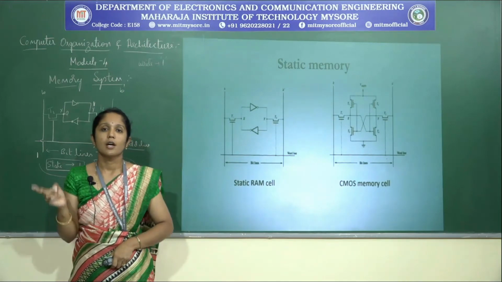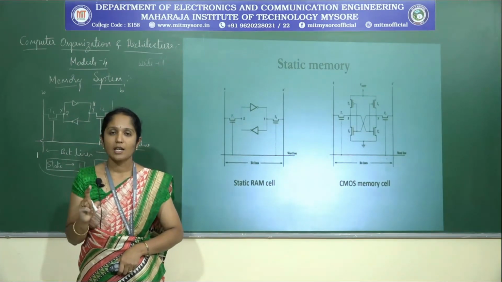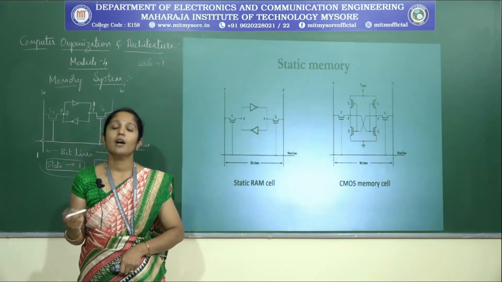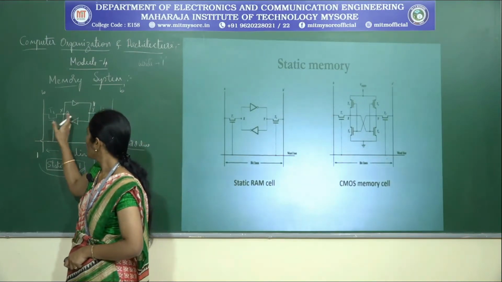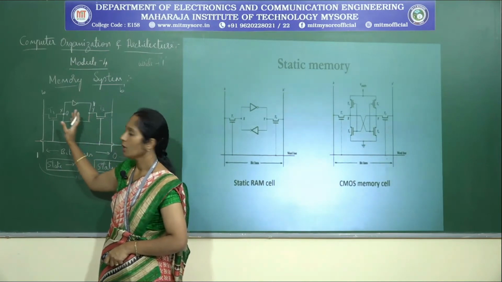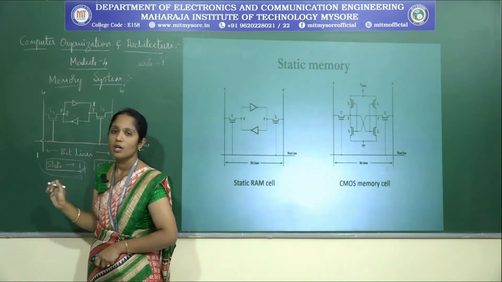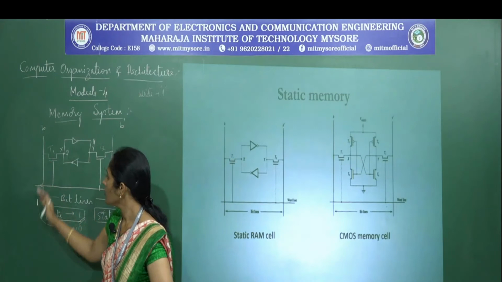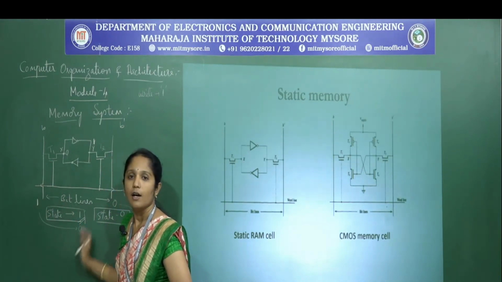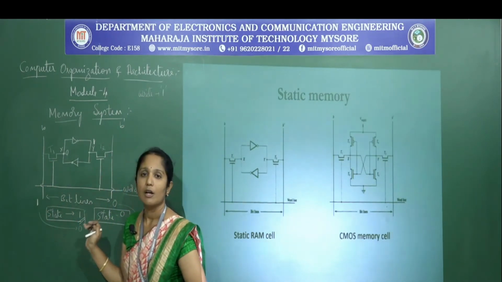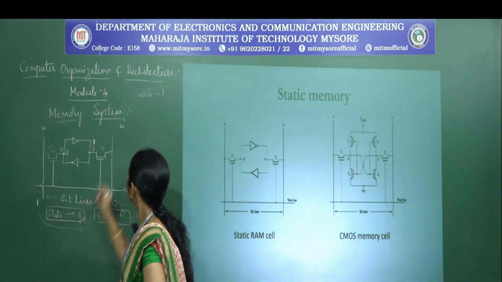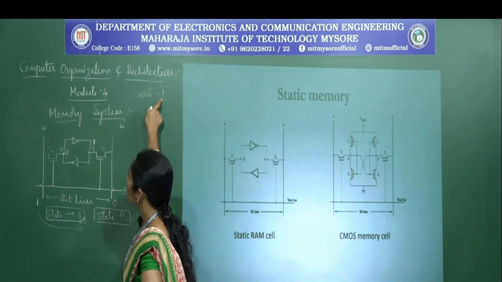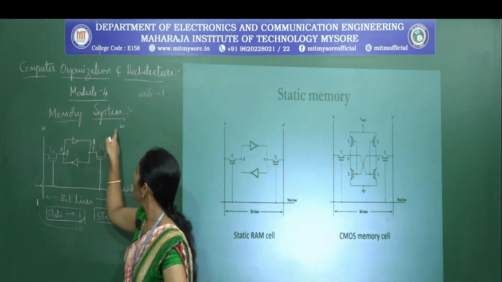In this case, whatever value we want to write will be sent over the bit lines. In the previous case, whatever node values we had were copied into B, detected by the sense or write circuit, and given as output. In this case, if you want to write 1, this will be sent over B and B dash.